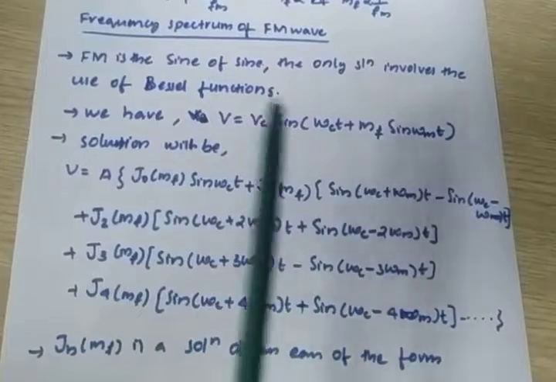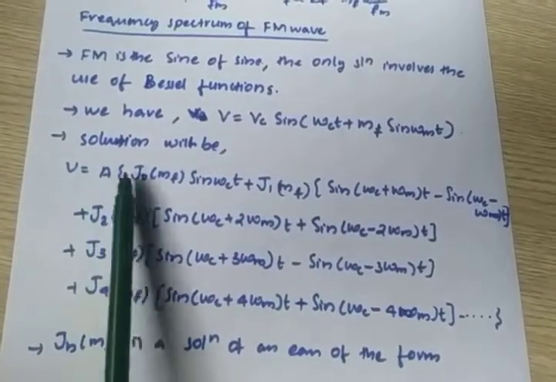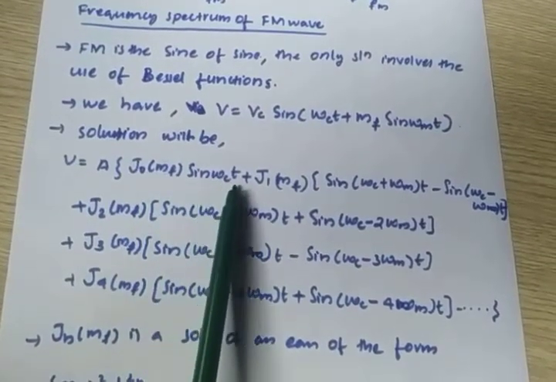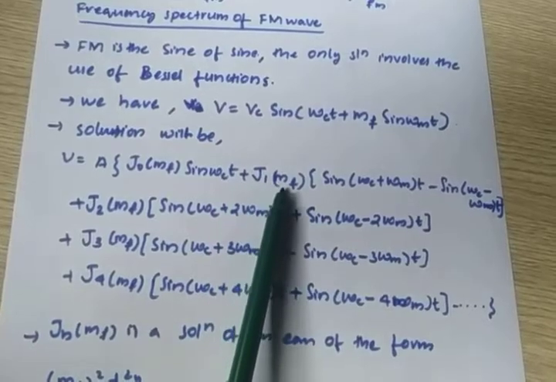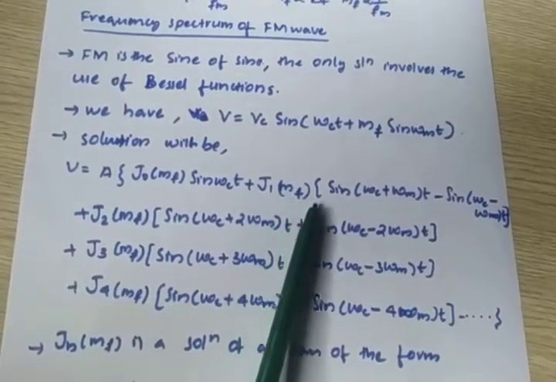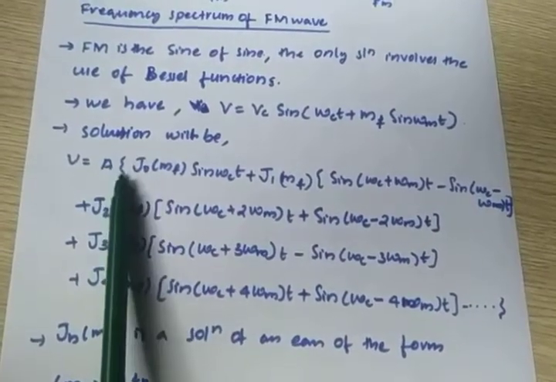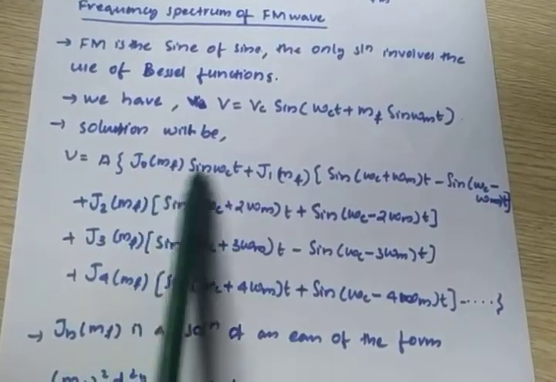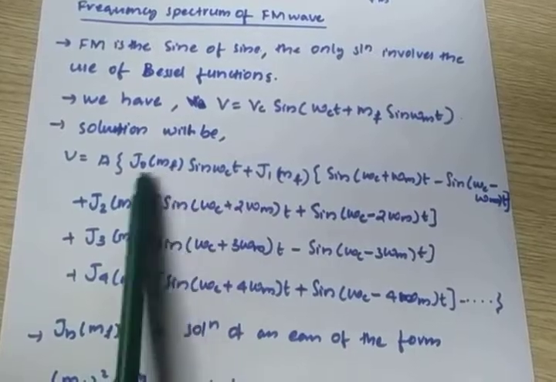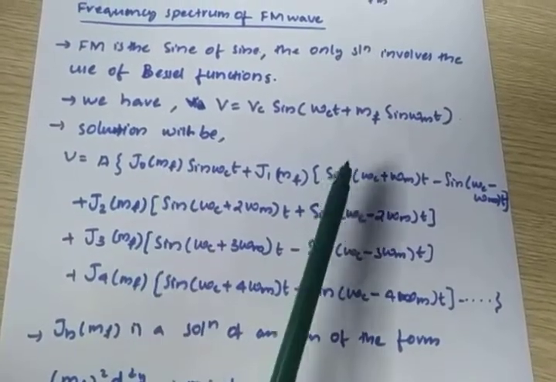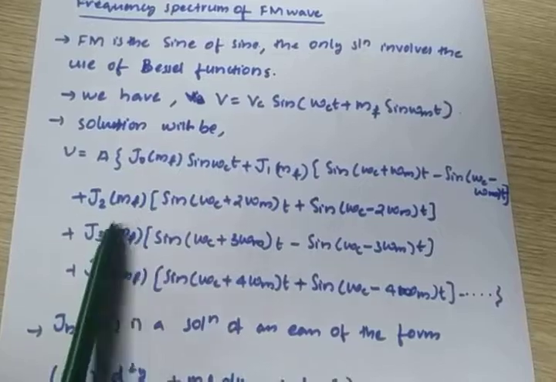Look here. We have A into J0 of beta sin omega ct plus J1 of beta or mf sin omega c, and it goes on like that. This component is called the center frequency or carrier component, and all other components we call sideband components.